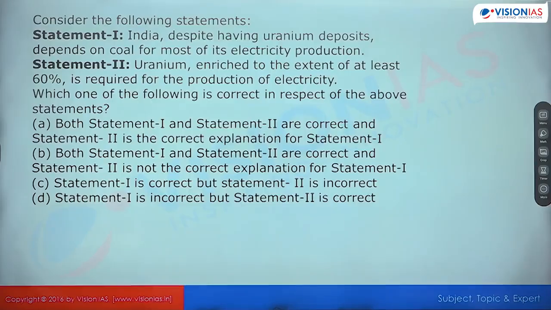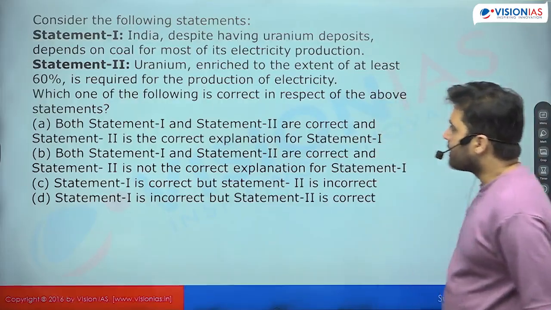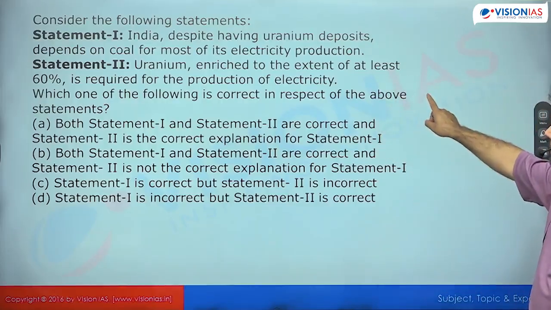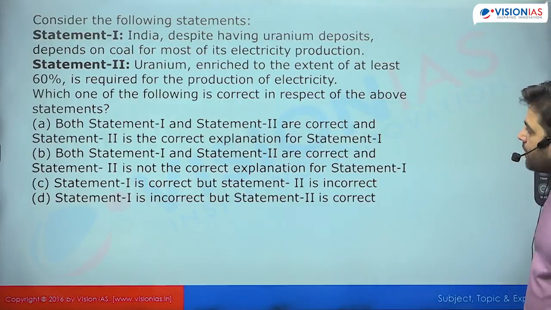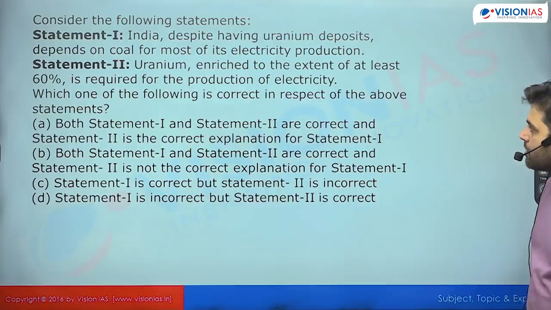I want more responses. Is this clear to everybody why the answer is C? The second statement is not correct. Uranium enriched to the extent of at least 60% is required for the production of electricity. That is not correct. But statement 1 is true. India, despite having uranium deposits, depends on coal for most of its electricity production. That is true in the case of India.